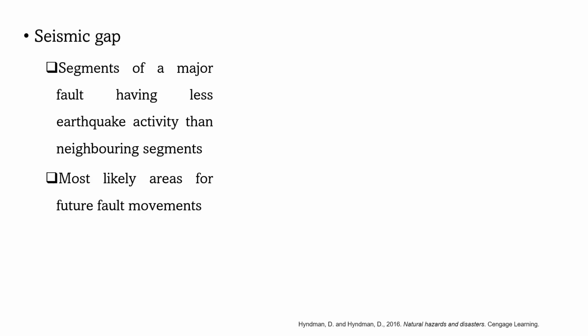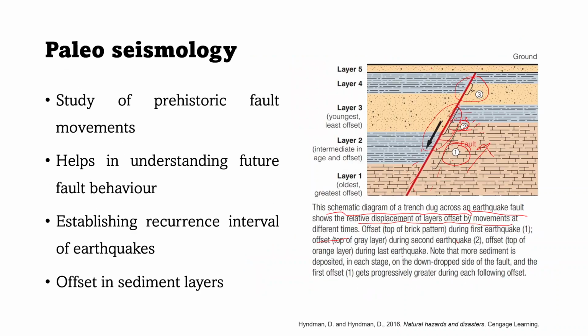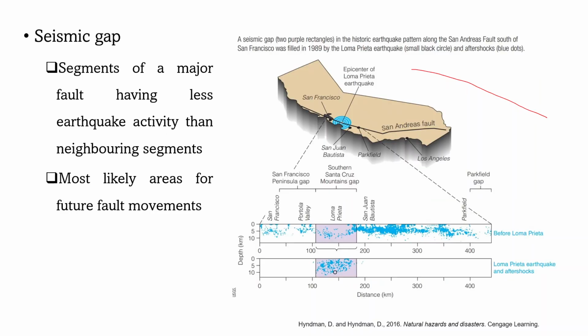Then comes the seismic gap. These are segments of a major fault having less earthquake activity than neighboring segments. If you look at a similar image, in this case you can see that fault movement has happened like this. So you have multiple offsets over here. But in some cases that might not happen.